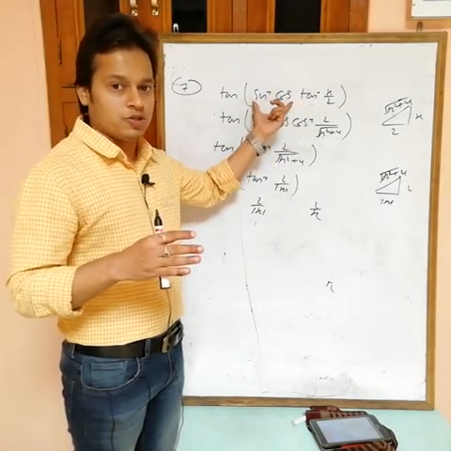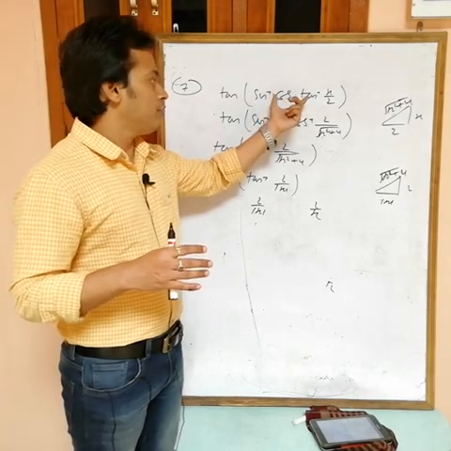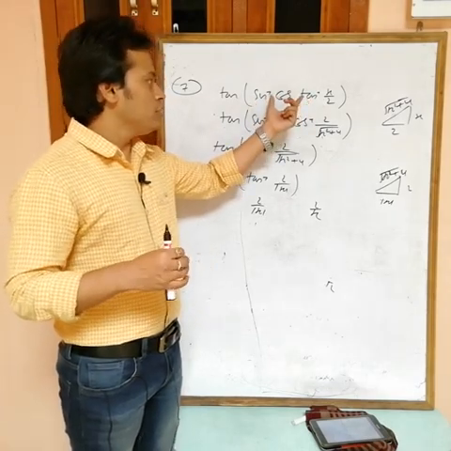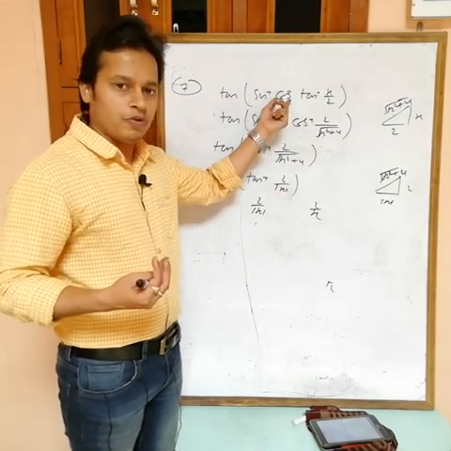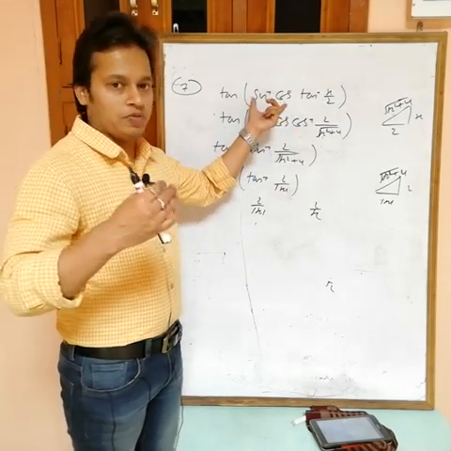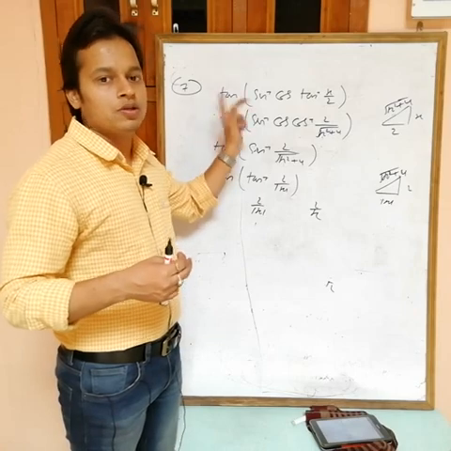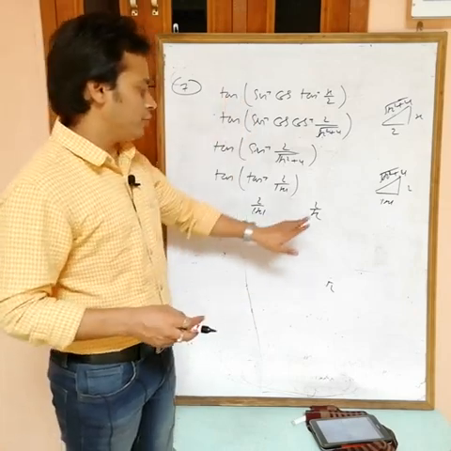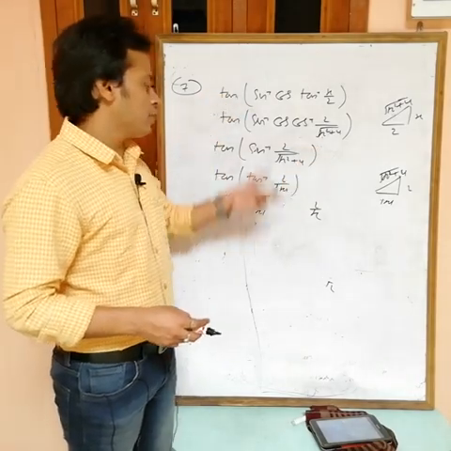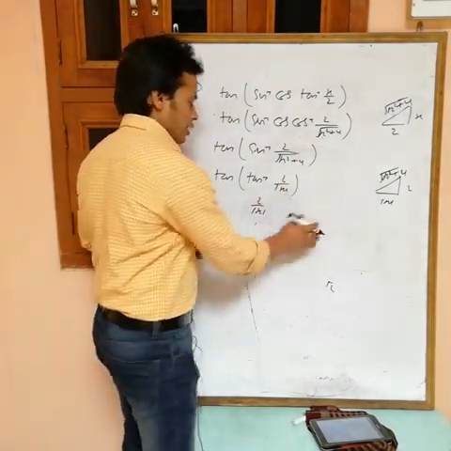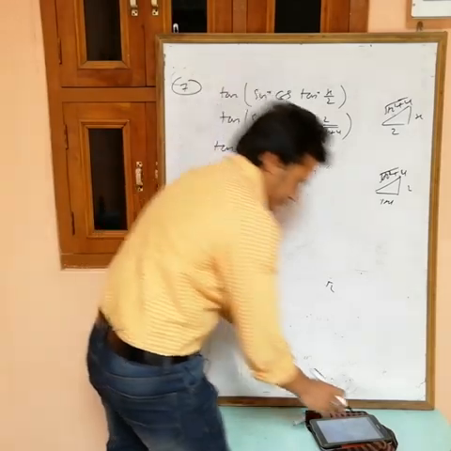So if x is positive, then the value of sine inverse is also positive. So this value is 0 to pi by 2, and in 0 to pi by 2 tan is always positive, so the value can't be negative. Answer can't be equal to 2 by x. X may be negative, but the value of this one can't be negative, so 2 by mod x. Okay, this is the answer.